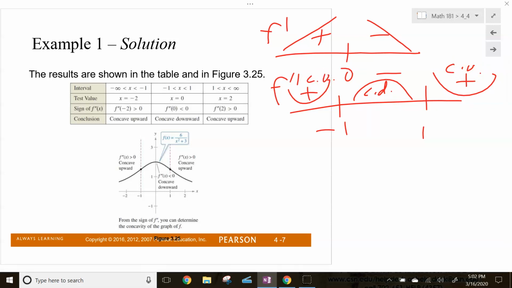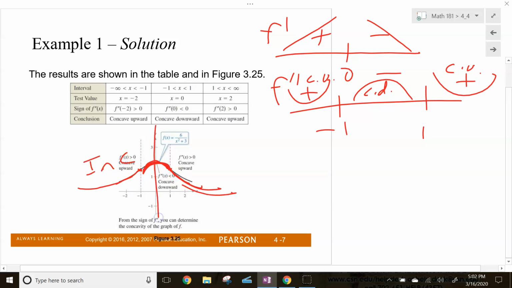If you were to plot a bunch of points, I'm increasing until 0, but I'm concave up until right here at negative 1, and then I switch concave down, and then we go concave up again. But we're increasing this whole time clear until 0, and then we decrease afterwards. Okay.